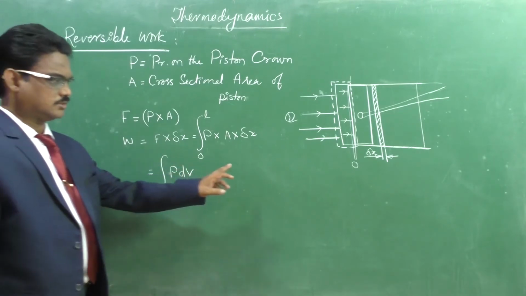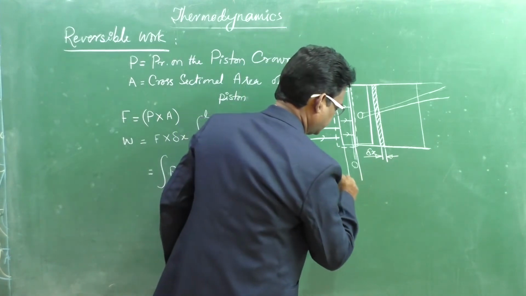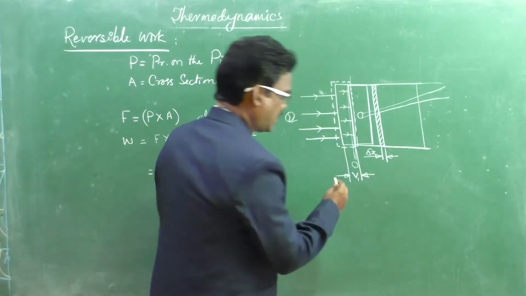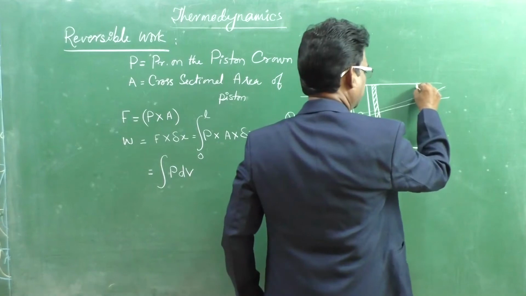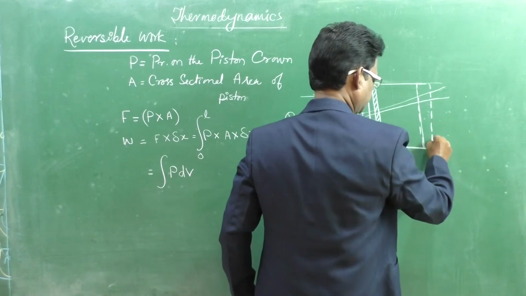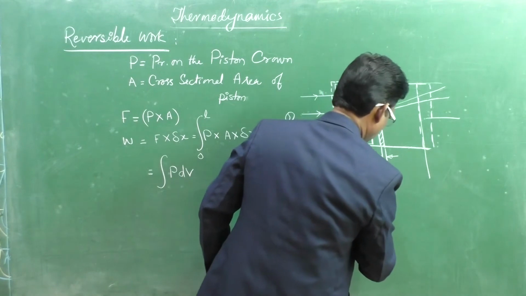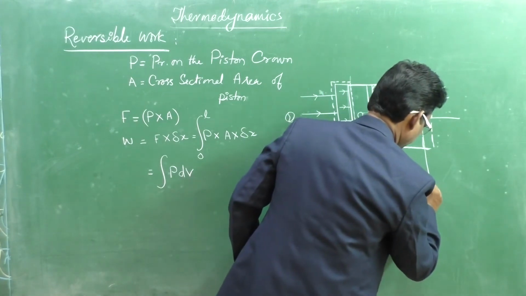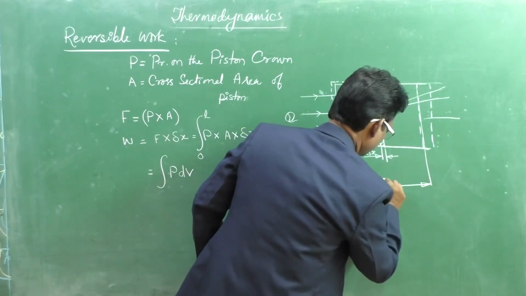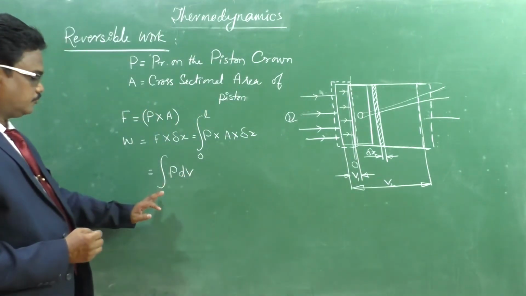At 0 length, this is volume V1. After the displacement up to here, this is volume V2. That means the limits will be V1 to V2.